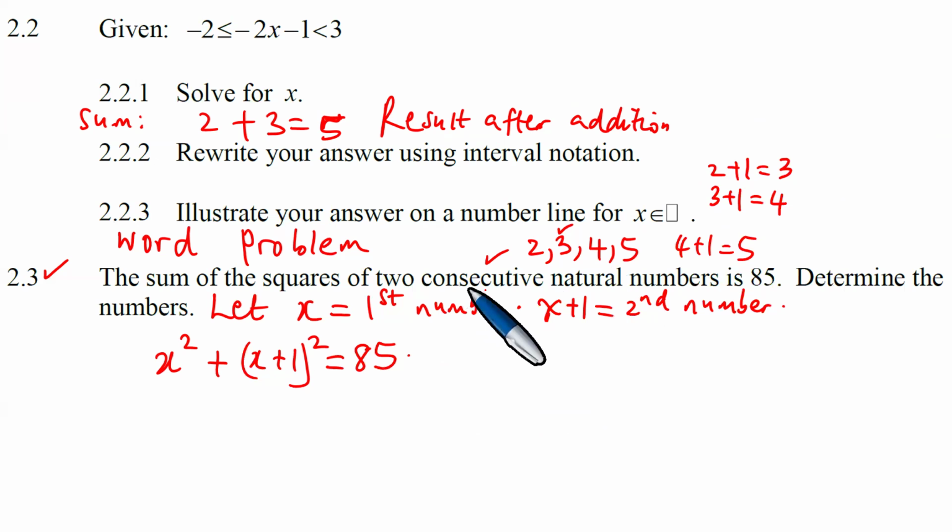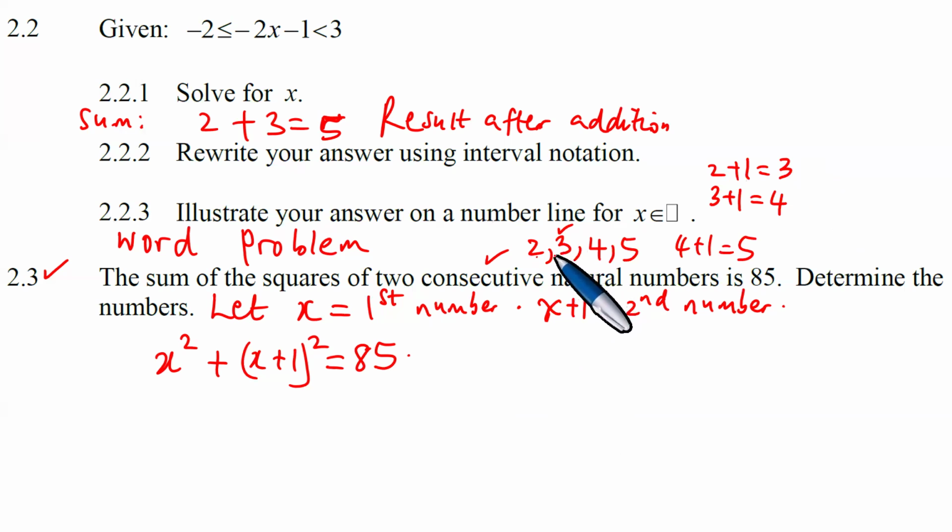If they use the words consecutive natural numbers, it means that if the first one is x, then to get the next one you must say plus 1. If the first natural number is 2, the next one is 2 plus 1, which is 3.